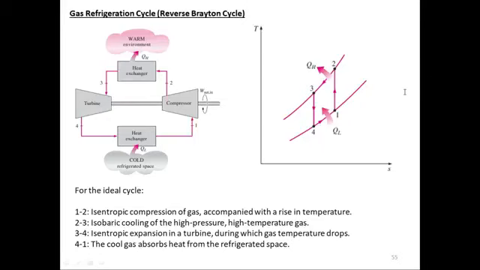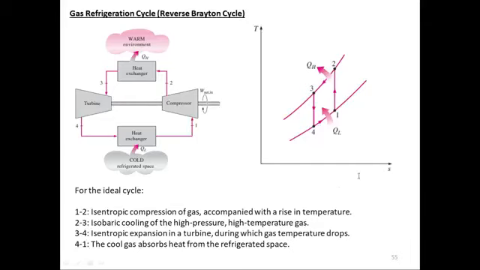So the forward Carnot cycle is for heat engine, and if we reverse it, we get the reverse Carnot cycle, which is used in the refrigeration cycle. So similarly here also the Brayton cycle is the power cycle, gas power cycle, and if we reverse it, we should be getting our refrigeration cycle, and that refrigeration cycle is the gas refrigeration cycle.